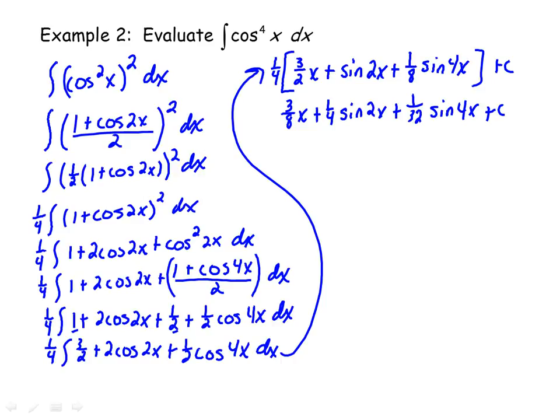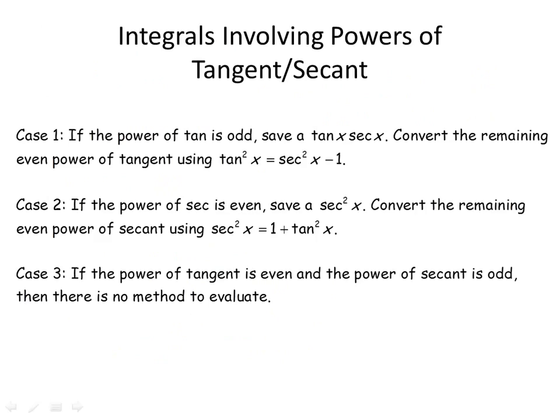Okay, so the last one that we're going to talk about on your cheat sheet is the powers of tangent and secant. And it goes back to your trig identities. So, of course, your goal is to get either tangent squared or secant squared. Again, that's some more of your Pythagoreans.